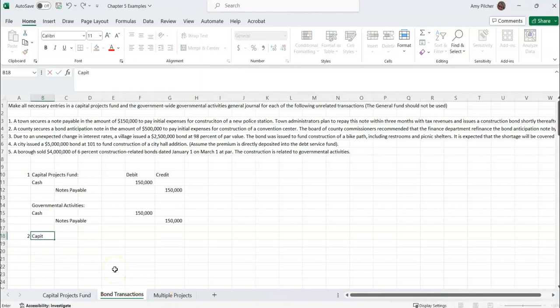So in our capital projects fund, we're going to receive cash, and then we have other financing sources, bond anticipation note.